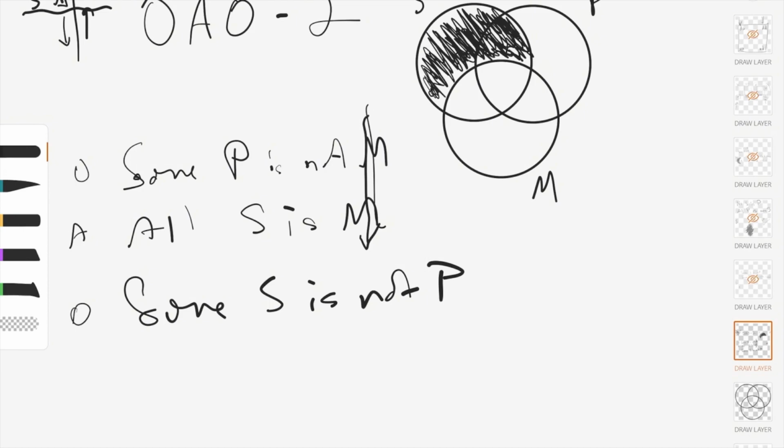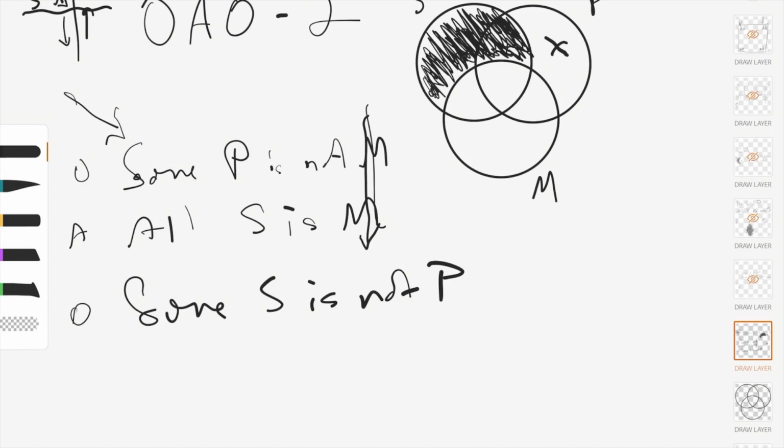There's no other universal, so there's no other shading. So now it's time for us to put X's on there. What we want to look for is definite X's. The obvious X we have is for the major premise because it's a particular. So we need a P that is not an M. It is a definite X because it's in the region of P outside of M, and because of the shading that we previously put on for the relationship in the minor premise, there's only one region for it to be.